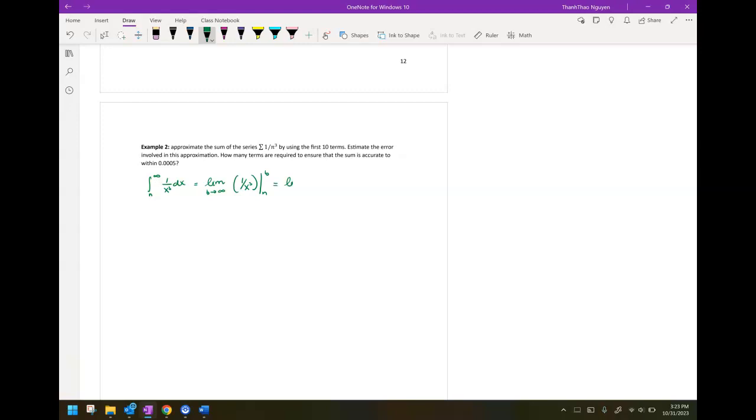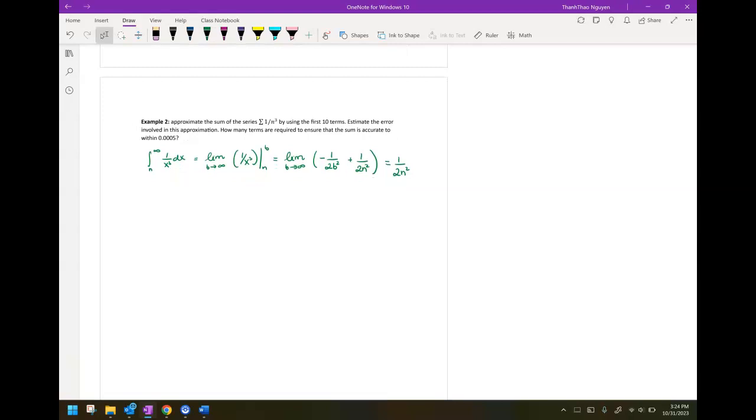That is the limit as b approaches infinity of negative 1 over 2b squared plus 1 over 2n squared. And as b goes to infinity, this equals 1 over 2n squared.